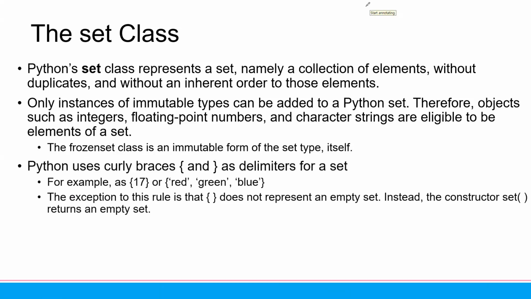And we have a new representation. We call it curly braces. If you use list, you have the square brackets. If you know tuple, you use the common parentheses. Now we have the curly braces.